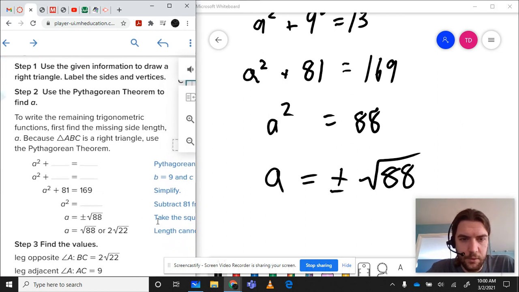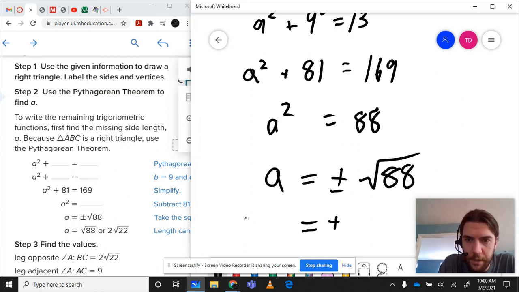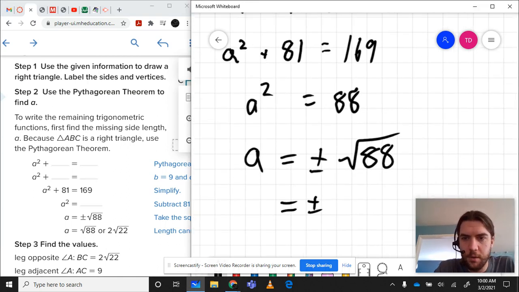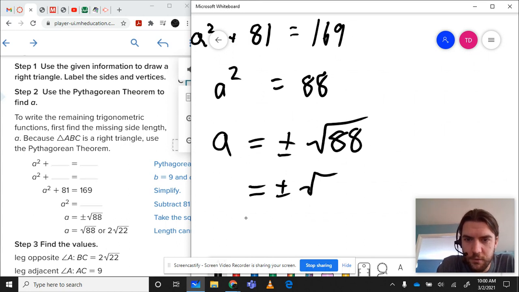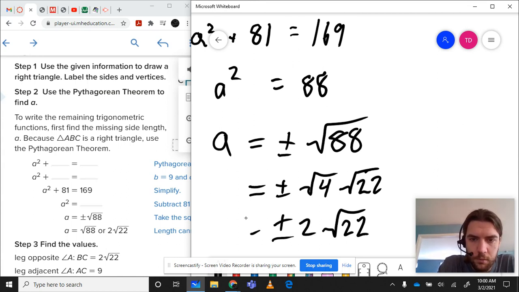They're simplifying that down to 2 root 22. That's fine. Whenever we have radicals, remember we can break those radicals apart. We can hunt down any perfect squares that we see as factors, and then we can simplify those perfect squares. So our a is plus or minus 2 root 22.